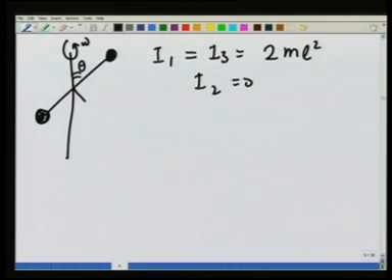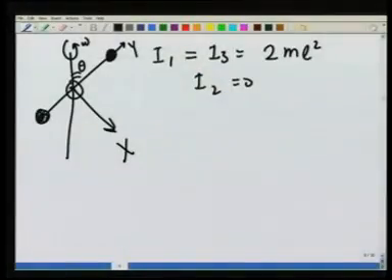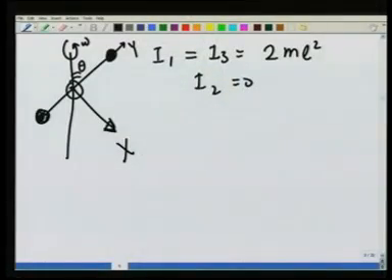Let me remind you, this is my x axis, y axis and z axis coming out, and as I said earlier, as the body rotates, these axes are fixed in the body. These axes will also move. So, the components really refer to the time when this rod is in the plane of this screen.